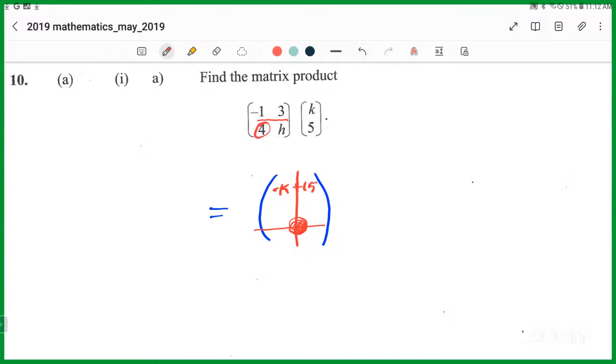So it's 4 times k and h times 5. The 4 times k is 4k, and the h times 5 is 5h. So that is your result. That's the answer right there for your matrix.